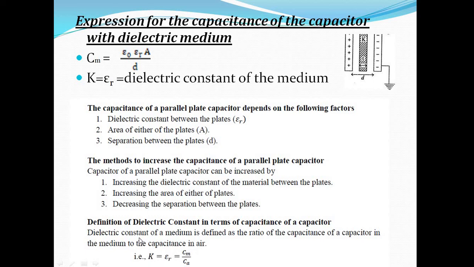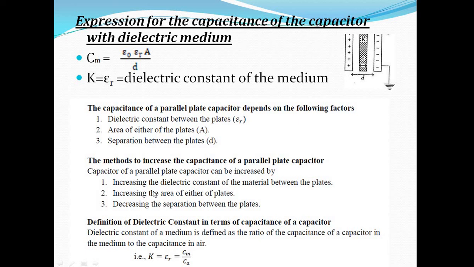By this also we can define dielectric constant or relative permittivity, the definition in terms of the capacitance. Dielectric constant or relative permittivity is the ratio of the capacitance of the capacitor in the medium, with dielectric medium, to the capacitance in air, or without the medium.